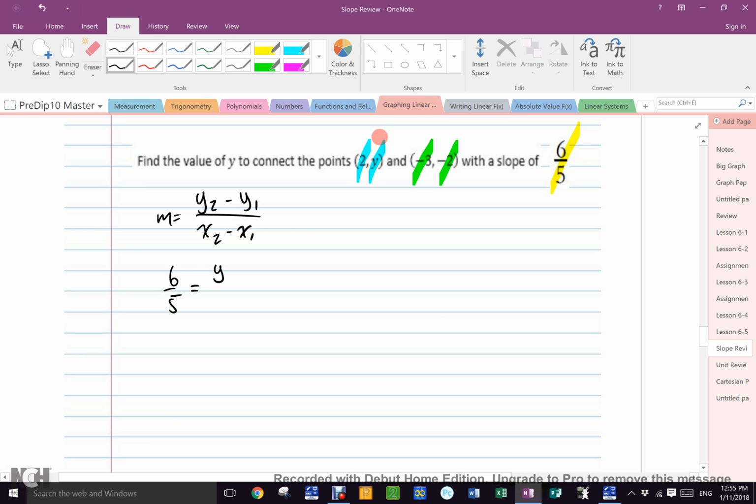So that makes this Y2, which makes this X2, which makes this X1, and makes that Y1. 2 minus 1 is Y minus minus 2, which is Y plus 2. 2 minus minus 3 is 2 plus 3, which is 5.